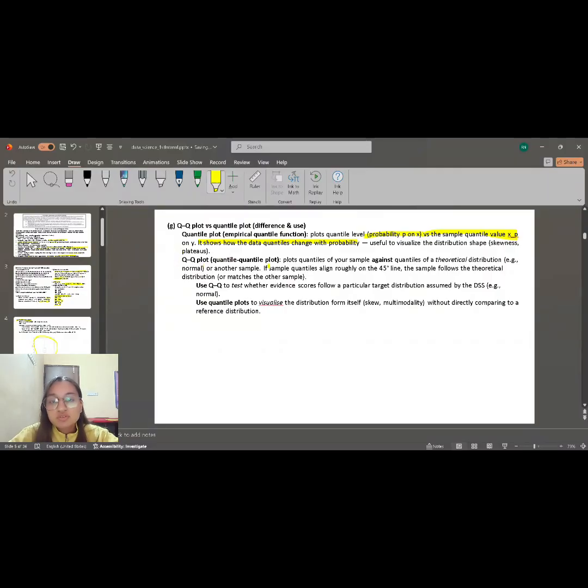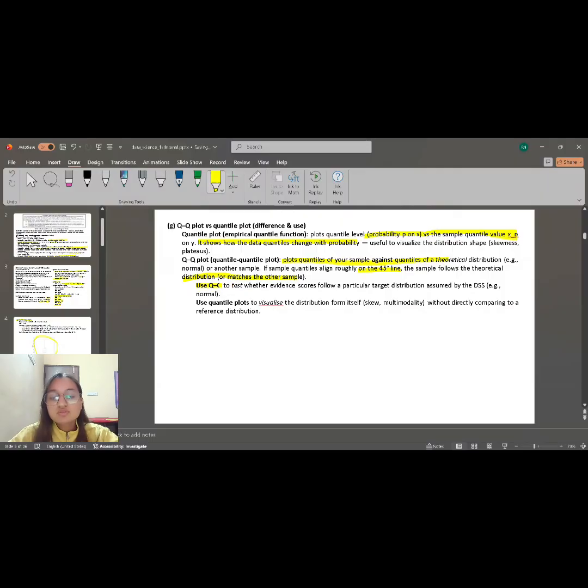QQ plot plots quantiles of your sample against quantiles of a theoretical distribution, for example normal, or another sample. If sample quantiles align roughly on the 45 degree line, the sample follows the theoretical distribution.